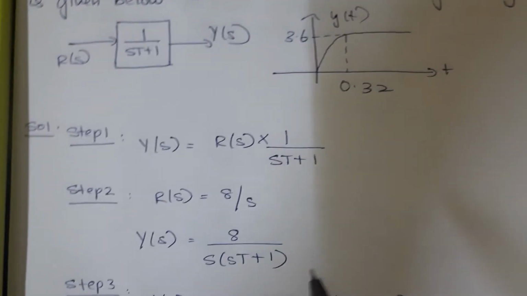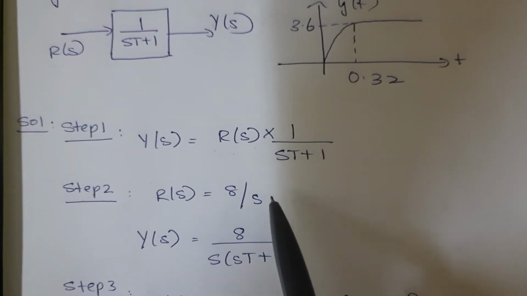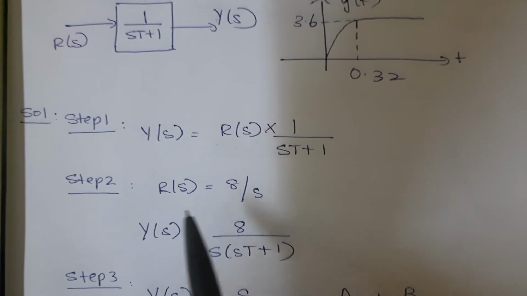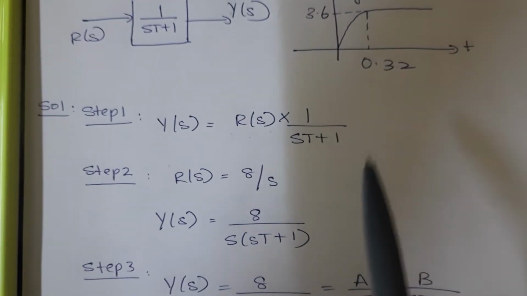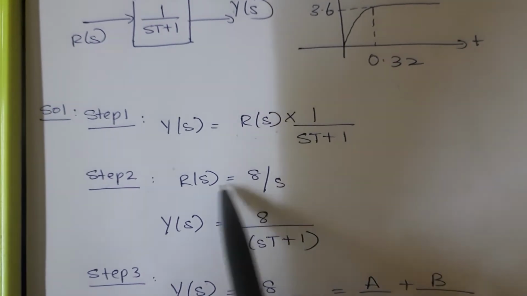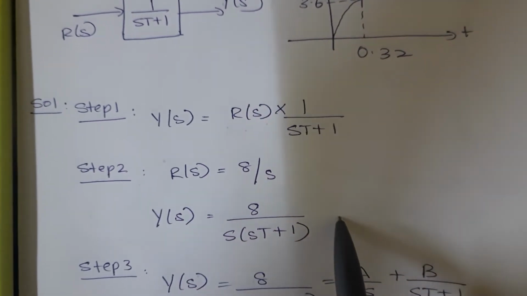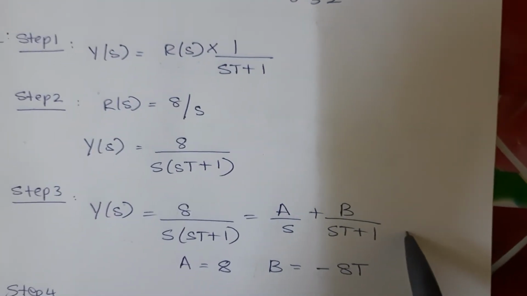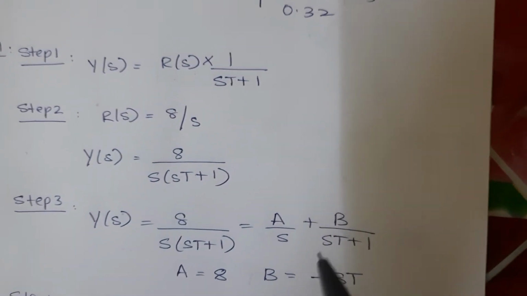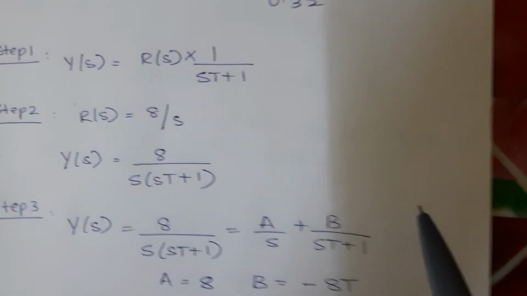Now the Laplace transform of a unit step function is 1 by s. So R(s) in this case will be 8 by s. And when we multiply both, this is Y(s) value. Now using partial fraction method, we can find the coefficients A and B for the split fractions.